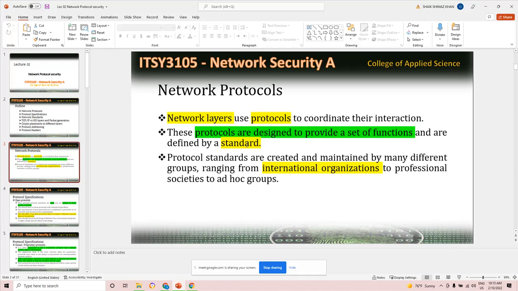Different devices and different software can talk to each other and communicate with each other. If there is no standard, then these different, heterogeneous devices cannot communicate with each other. Okay, so this is the information given in slides 1, 2, 3.